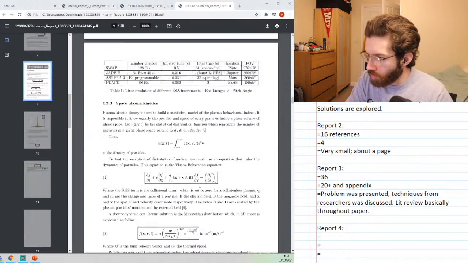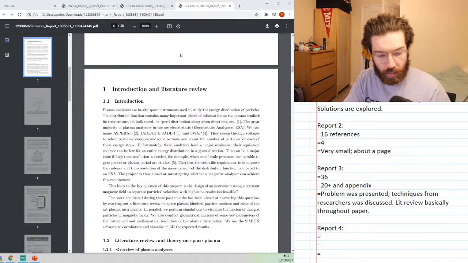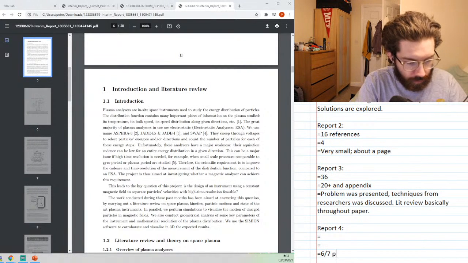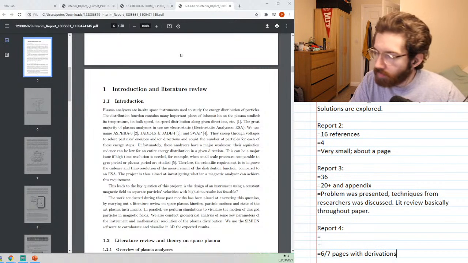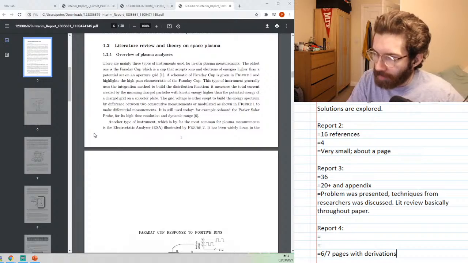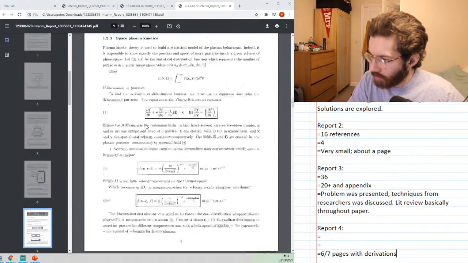One, two, three. So 6 or 7 pages with derivations. I can see myself basing my review off this paper, to be honest. Just the structure was kind of nice.